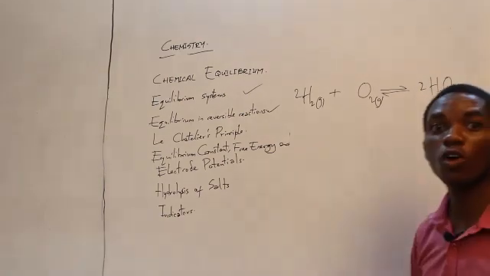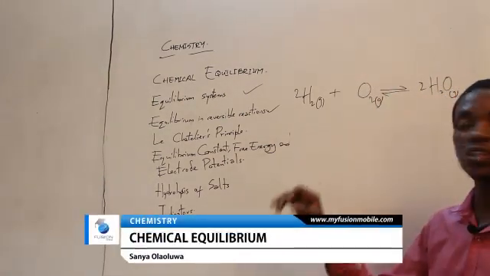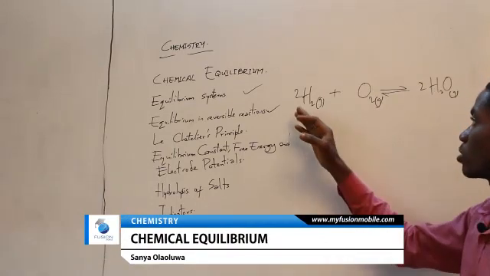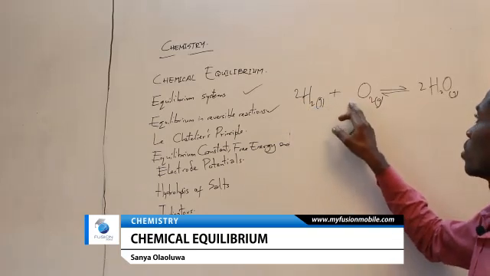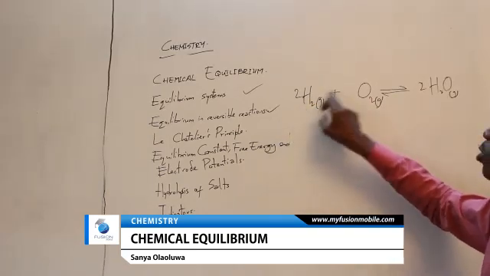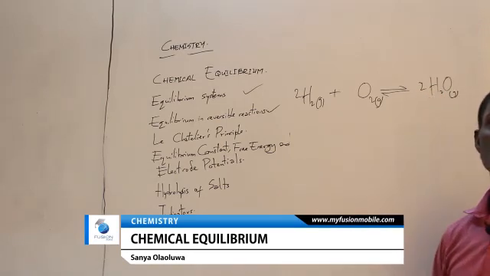Now, if you compress, that is, if you increase the pressure on this system, if you count how many volumes we're having here, 1, 2, that's 2 volumes here, and 2 plus 1, that's 3 volumes here, and we're having 2 alone here.